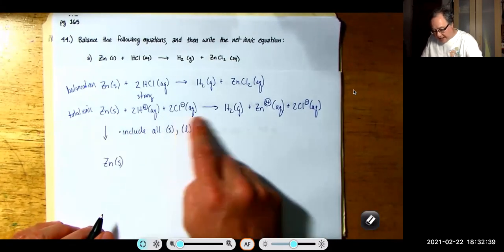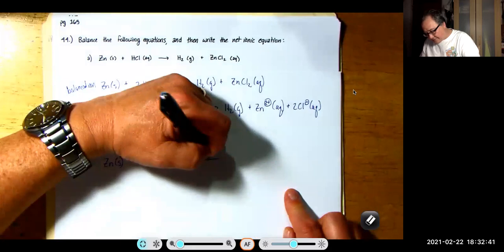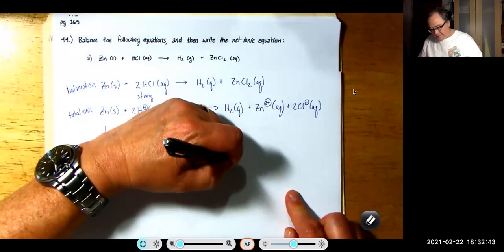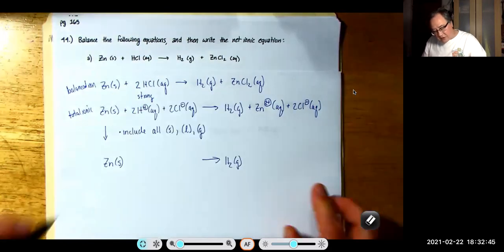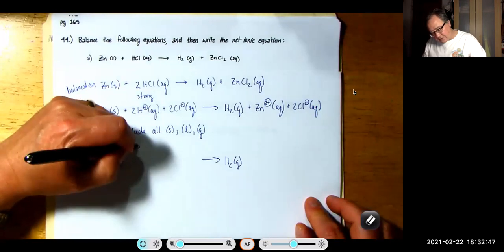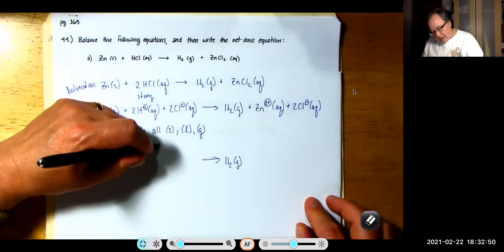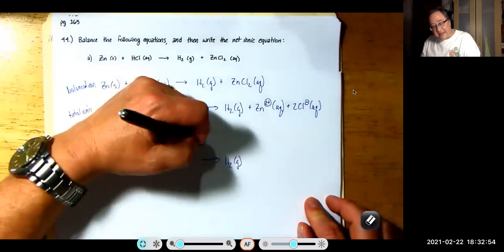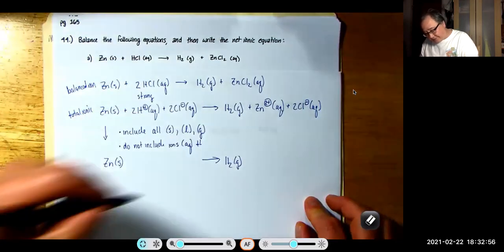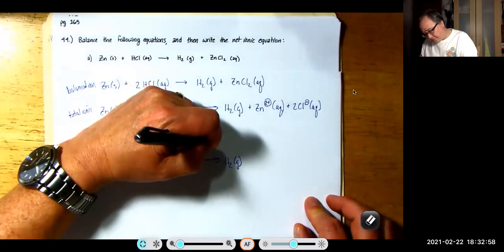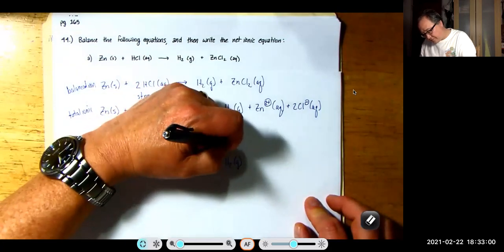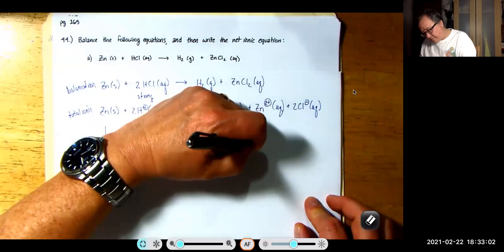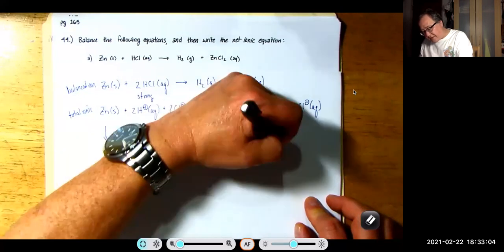But over here, I have a gas, so I'm going to include that. And then do not include ions that are aqueous that are the same on both sides. Those are called spectator ions.